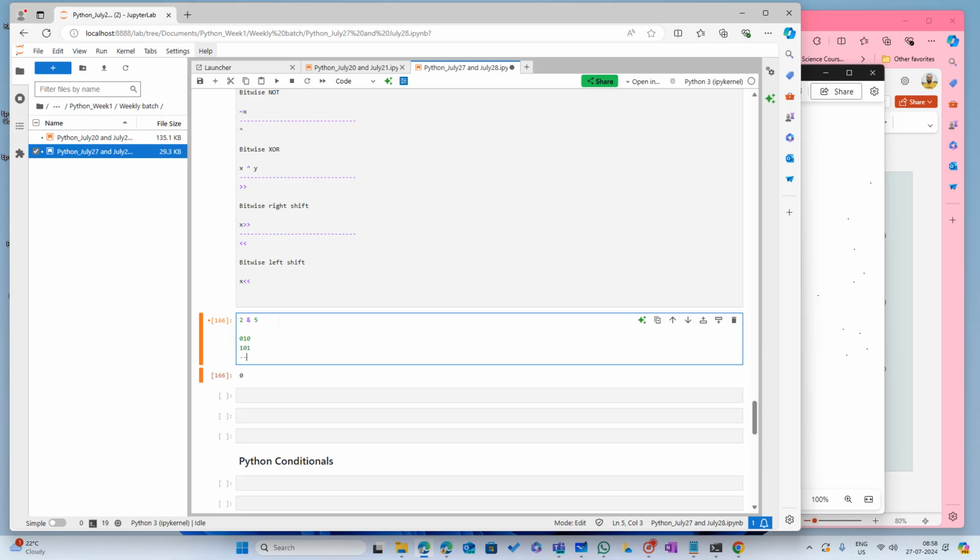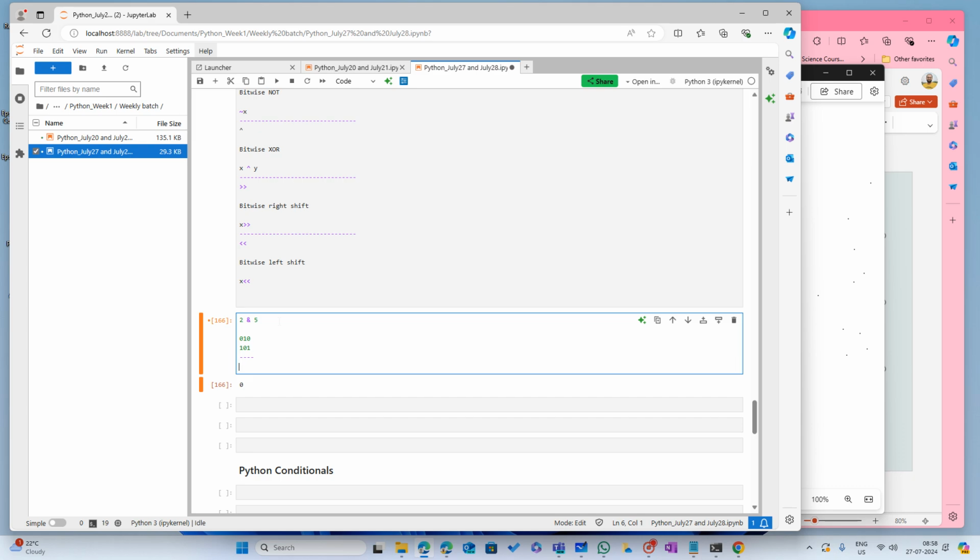Now we know from the and truth table, if you compare 0 with 1, true and false is what? False only. So 0 and 1 is 0. Again 1 and 0 is 0. Again 0 and 1 is 0. That's why you get 0 here in the end. Is this understood? Yes.